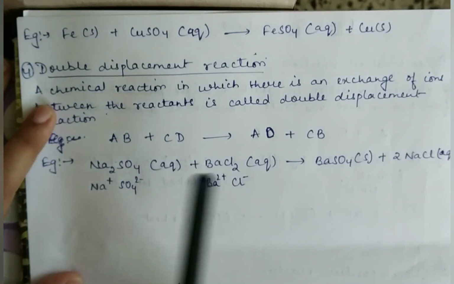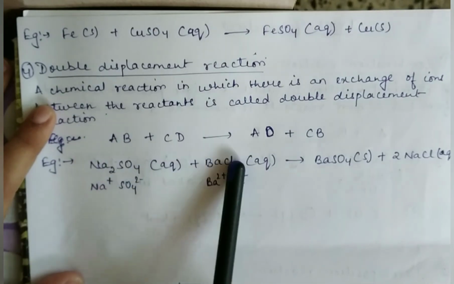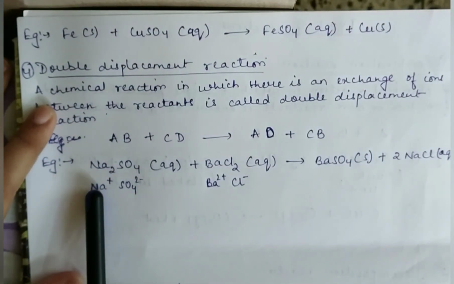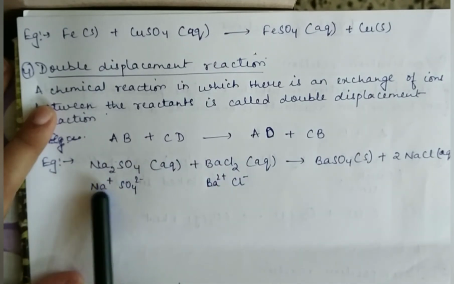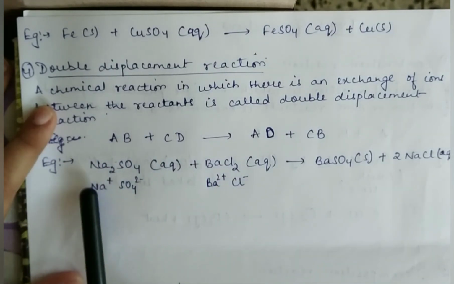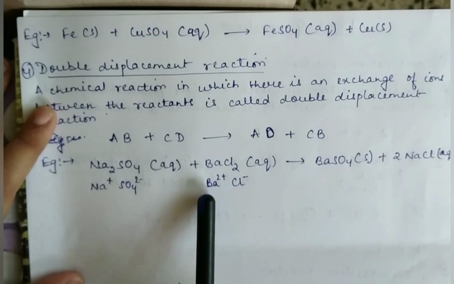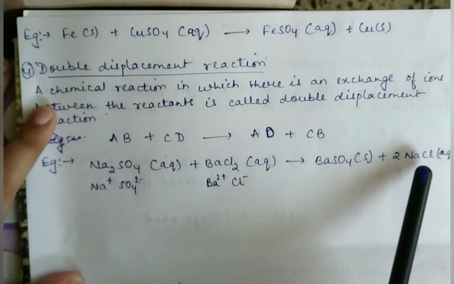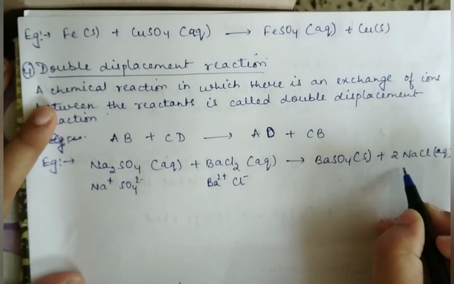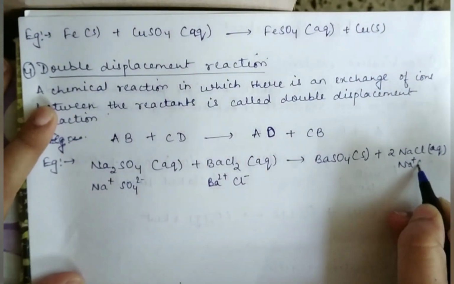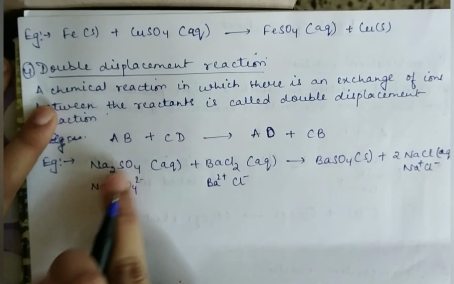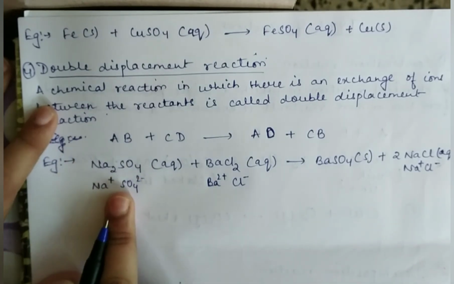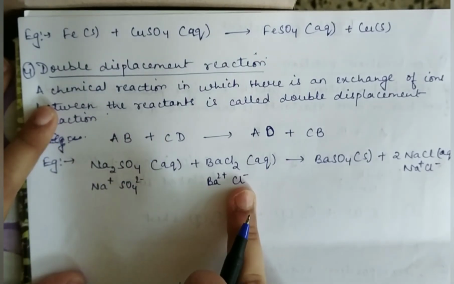When these two compounds react, there is an exchange of these ions among themselves. This sodium plus ion displaces barium 2 plus ion. See, the sodium plus ion has displaced barium 2 plus ion, and this sulfate 2 minus ion has displaced Cl minus ion.